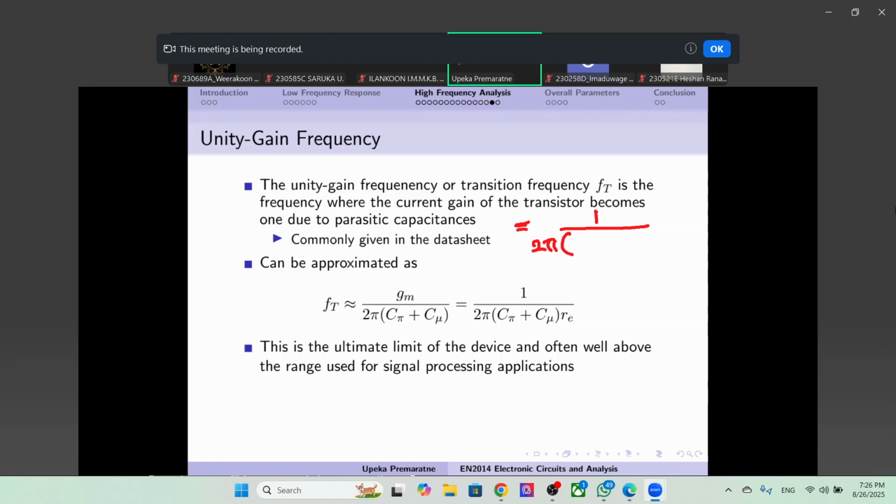Instead, you'll be given the circuit, and based on that, you will have to derive. And don't worry, the mid-semester evaluation will be open book.